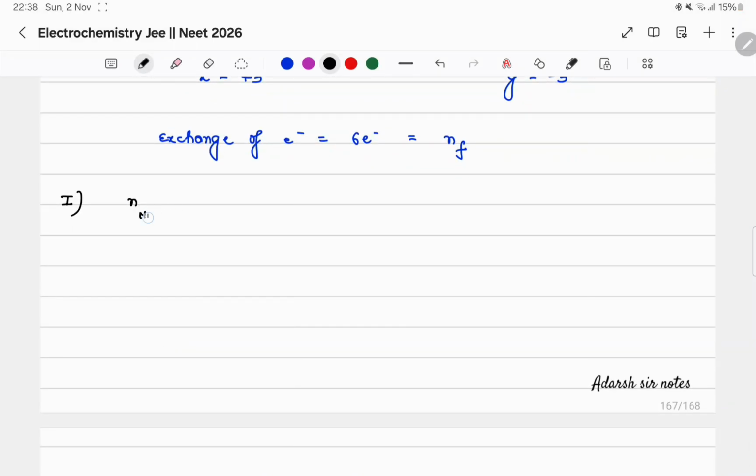Let me write for your more clarity. We are talking about nitrobenzene. Moles equal given mass by molar mass. The given mass is 24.6. The molar mass of this will be 123.